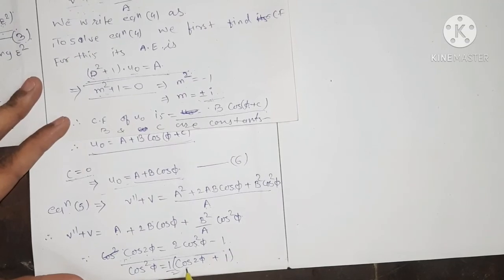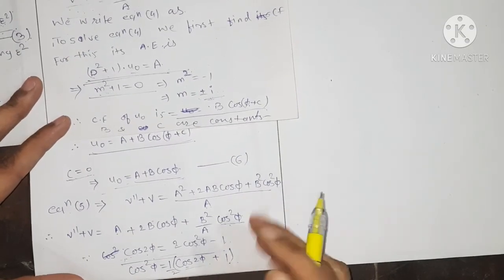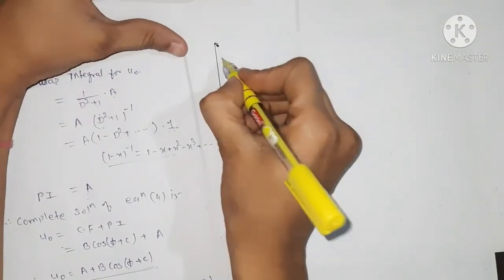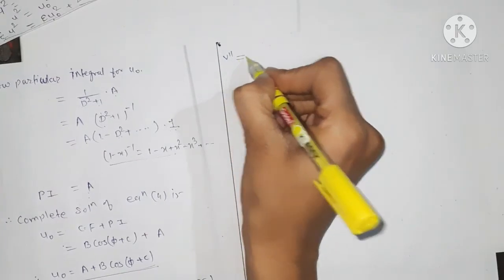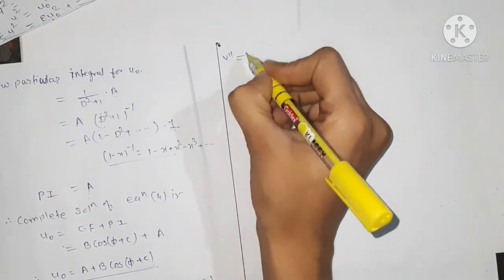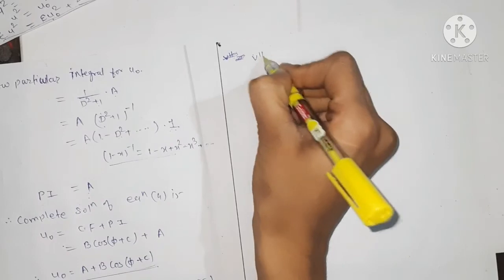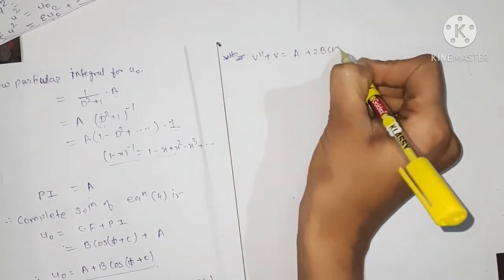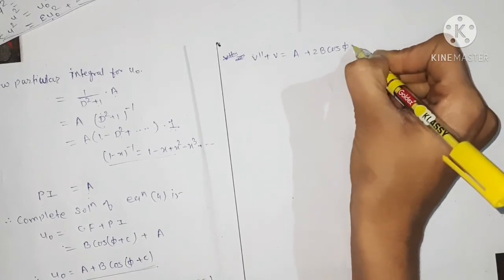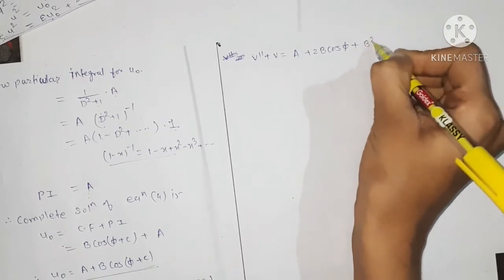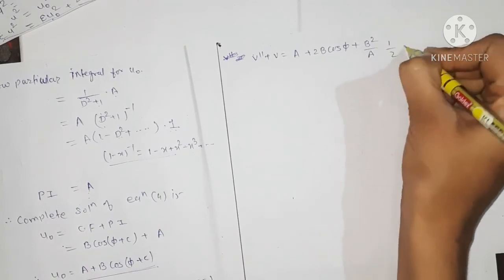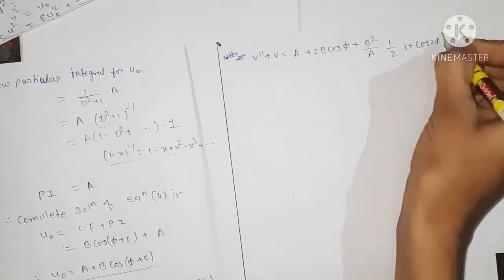Okay, so we substitute the value of cos square phi here. So v double dash plus v is equal to a plus twice b cos phi plus b square upon a, cos square of phi is 1 upon 2, 1 plus cos 2 phi.